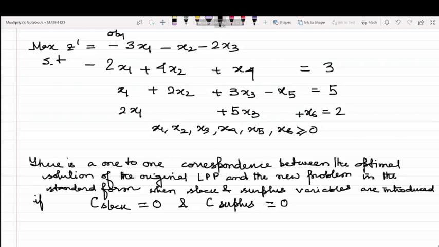The objective function is, say, max z equal to C1 x1 plus C2 x2 in this manner up to Cn xn. These Ci's are the cost parameters.